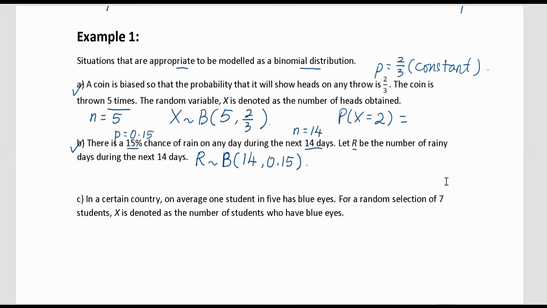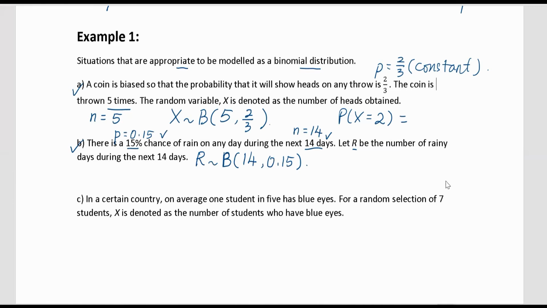That is how you determine whether a particular question is talking about binomial distributions or not. You look for this information, which is independent trials and constant probability.